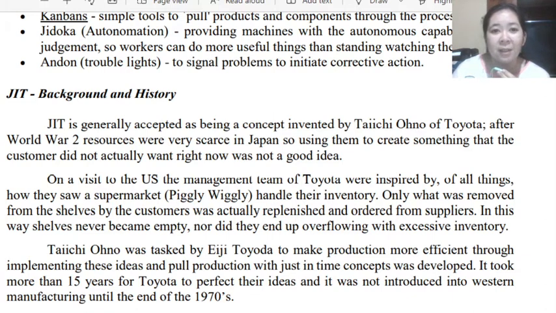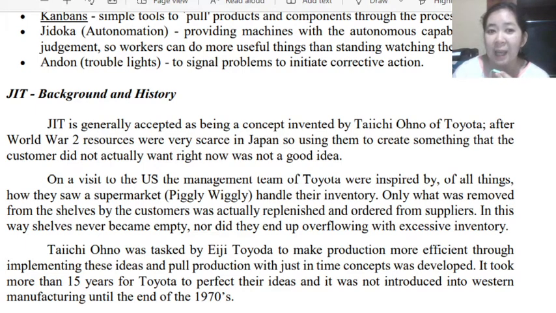On a visit to the US, the management team of Toyota were inspired by, of all things, how they saw a supermarket, which is called Piggly Wiggly, handle their inventory. Here, only what was removed from the shelves by the customers was actually replenished and ordered from the suppliers.